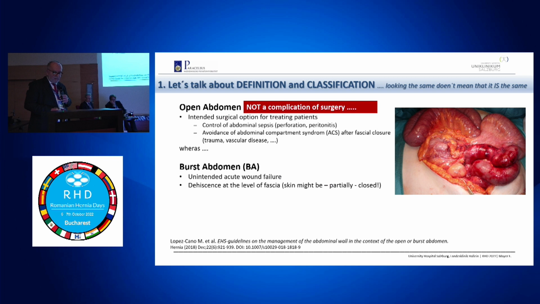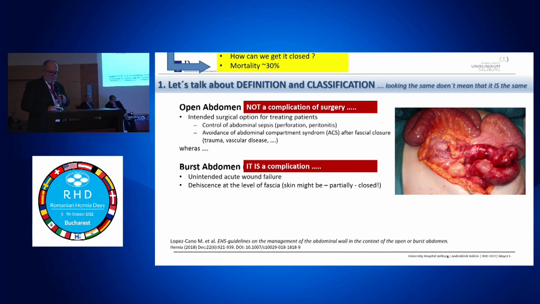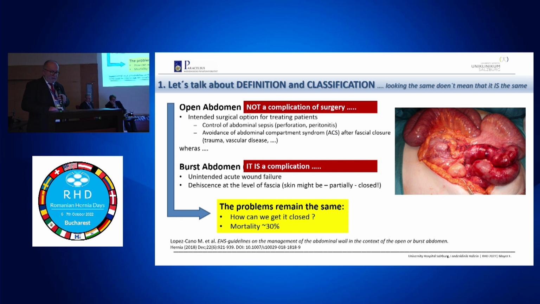That means open abdomen is not a complication of surgery in most cases, whereas burst abdomen definitely is a complication. To sum up, these problems remain the same. How can we get it closed? Or what is the rate of mortality, which is quite high, up to 30% in these patients?